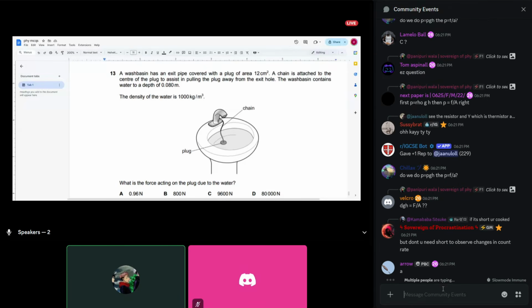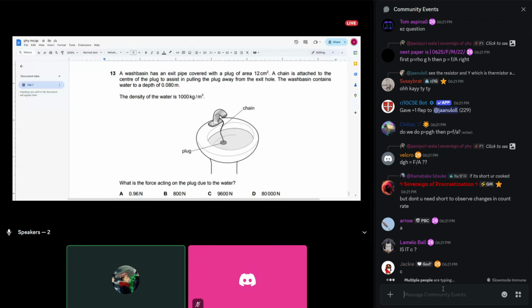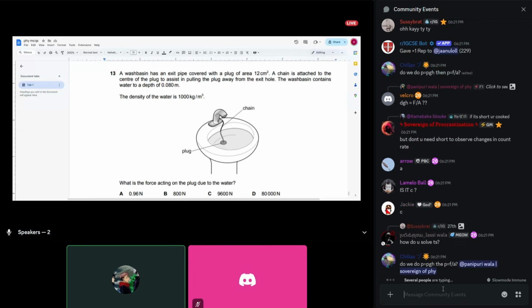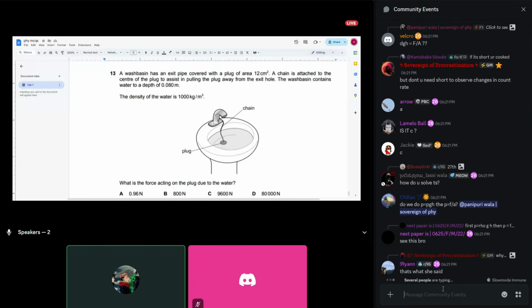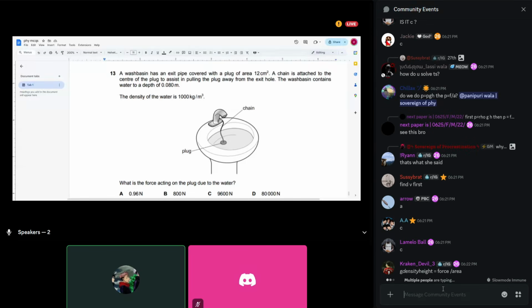Can anyone think? Give me an answer. How would I do this? Is it C? Is it B? Is it A? Let's work through it, because I haven't solved this before, so I have to go through it as well.